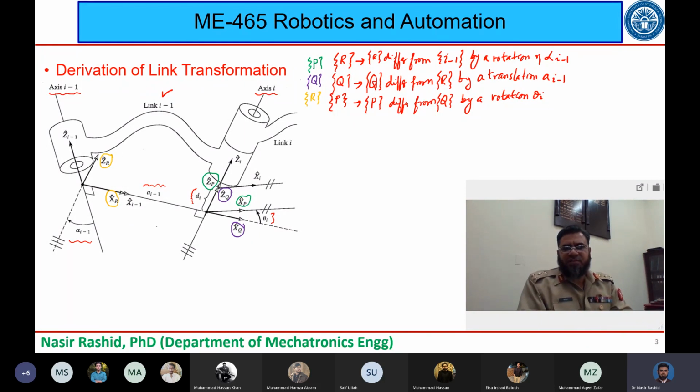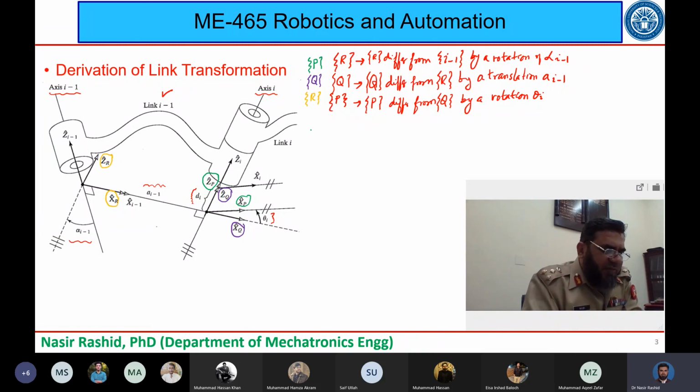So now if I have all these rotations and translations in which there are two frames xi minus 1 and xi on two extremes, and we have introduced three frames in between which can give us a transformation from I minus 1 to I. So let's see. Now if I have a vector which is defined in I, let me just write it down. I will call the vector P, because we have been talking about P earlier.